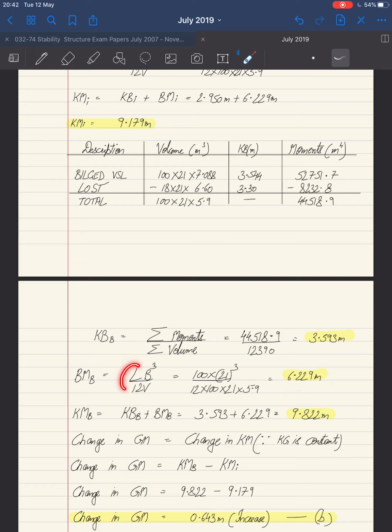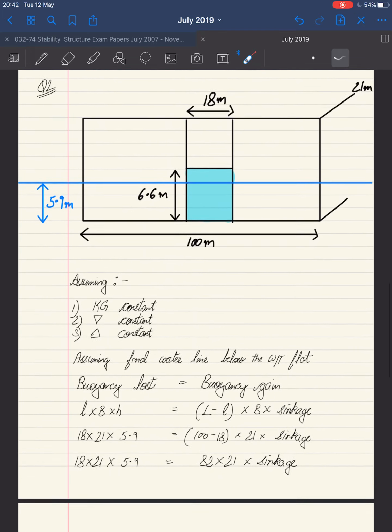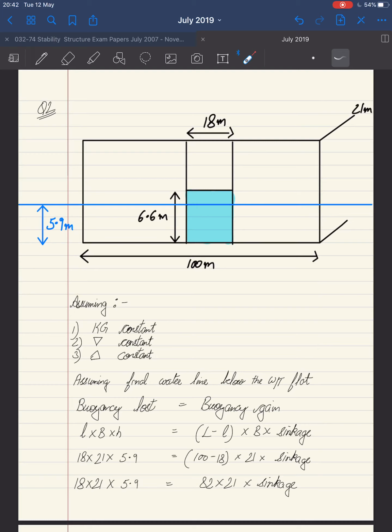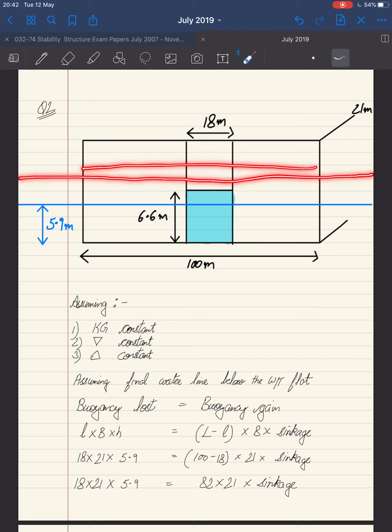To understand why we have taken the length as 100 meters, we need to look at our drawing again. So let's look at the drawing. As per our initial calculations, we found out that the final water line is above the watertight flat. In this particular case, the length of the vessel at this water line is the complete length, which is 100 meters. That is why we are writing the length for calculating BM as 100 meters.